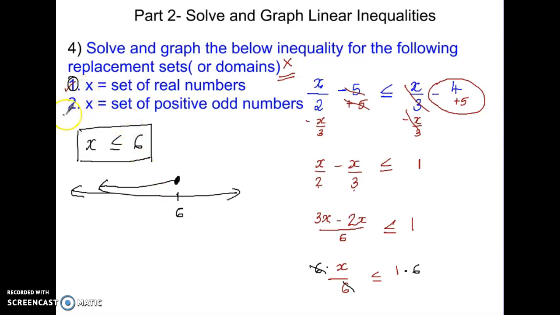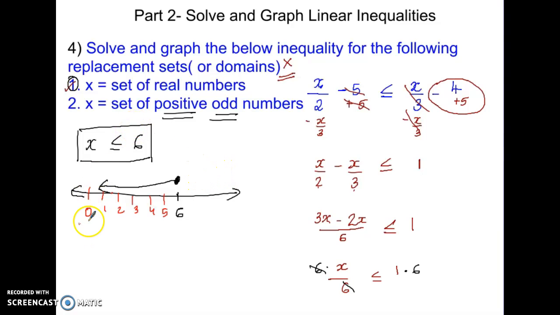Now what if the second one says you need the set of positive odd numbers, positive and odd numbers. For the second part, we know that 0 starts here and you have 1, 2, 3, 4, 5 and 6, and that's how it goes.